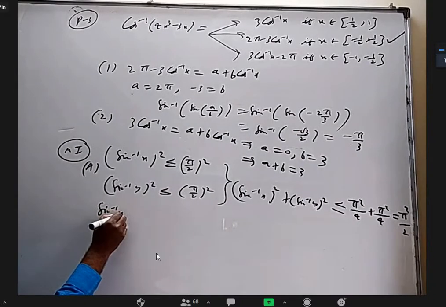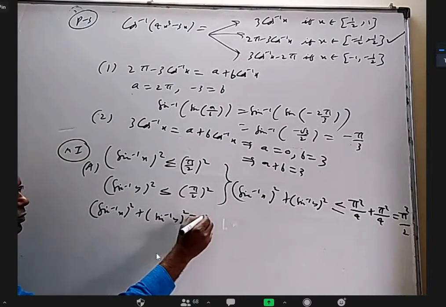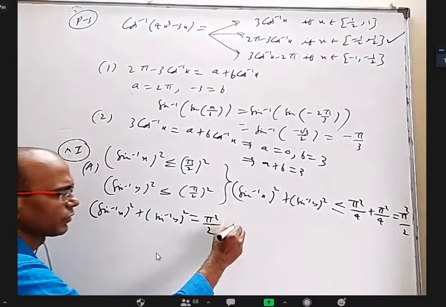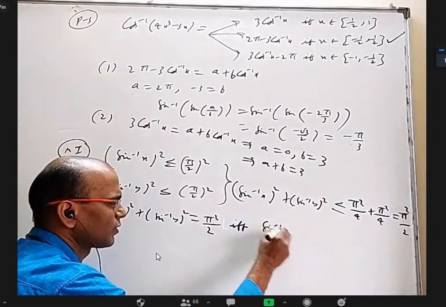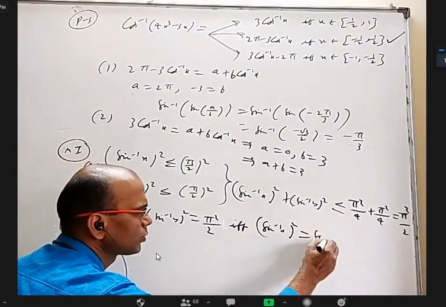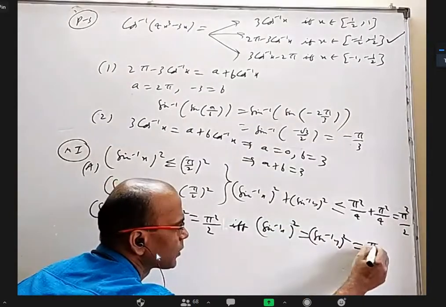So sin inverse x whole square plus sin inverse y whole square is equal to pi square by 2 if and only if sin inverse x whole square is equal to sin inverse y whole square is equal to pi by 2 whole square.